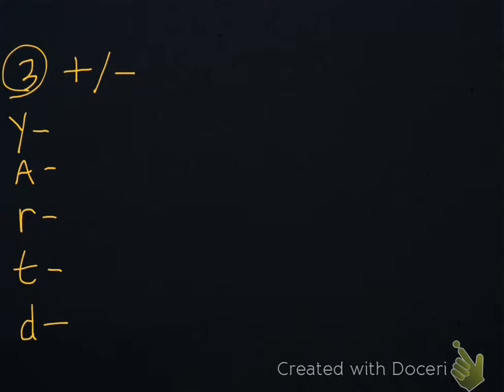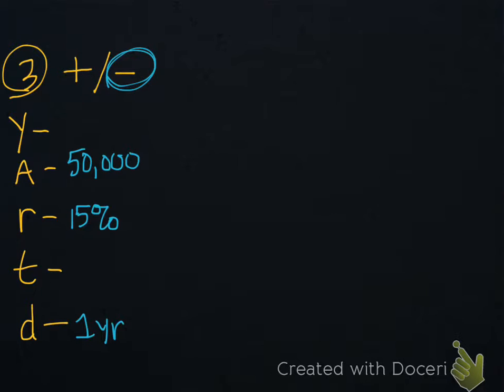Number 3. A piece of equipment costs $50,000 new, but depreciates at 15% each succeeding year. Find the value after 10 years.